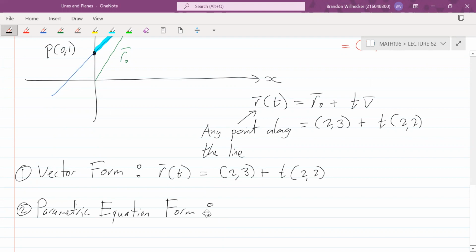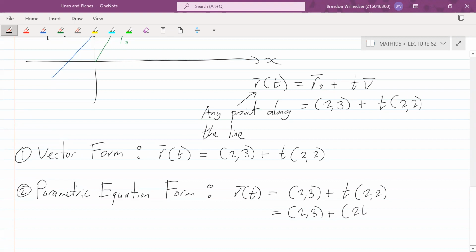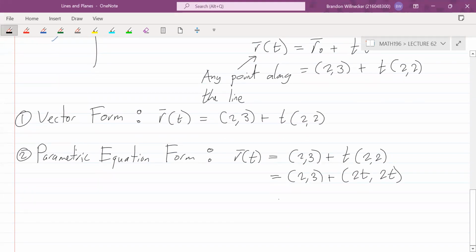So I'm going to take the vector form and then add the two vectors together. So r of t is going to be (2, 3) plus t times (2, 2). So we can write that as (2, 3) plus (2t, 2t). I just multiplied the t inside. So that's going to be (2 plus 2t, 3 plus 2t).